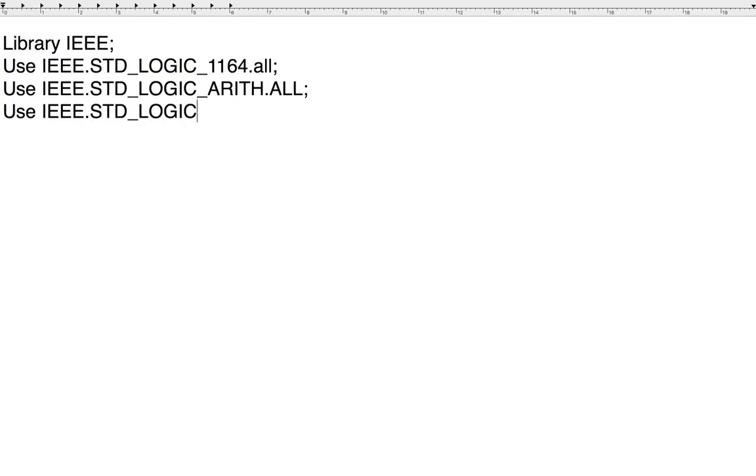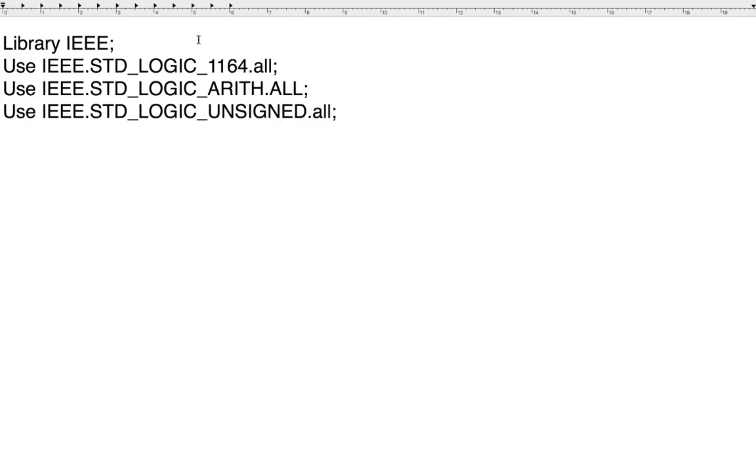And then your next two are use IEEE.standard_logic_arithmetic.all, and then end that with a semicolon as well. And then use IEEE.standard_logic_unsigned.all.